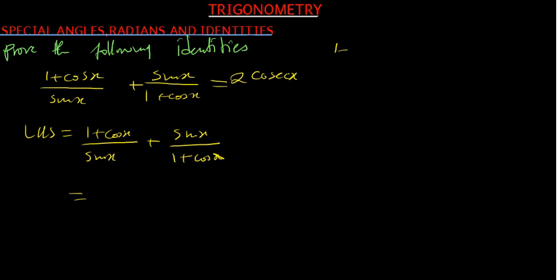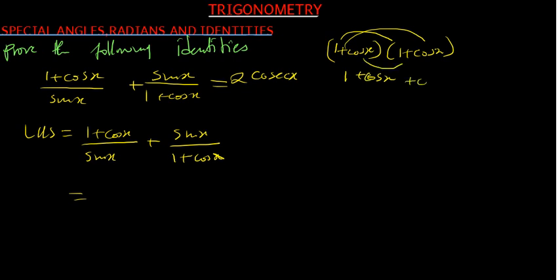So what we are having is 1 plus cos x multiplied by another 1 plus cos x. So this gives us 1 times 1, which is a 1, 1 times cos x, which is cos x, and then cos x times 1, which is cos x, and then cos x times cos x, which is cos squared x.